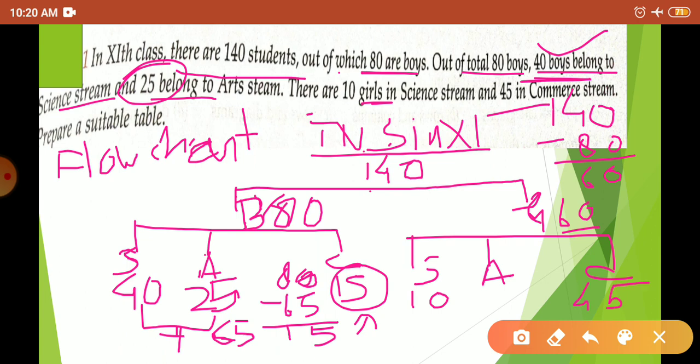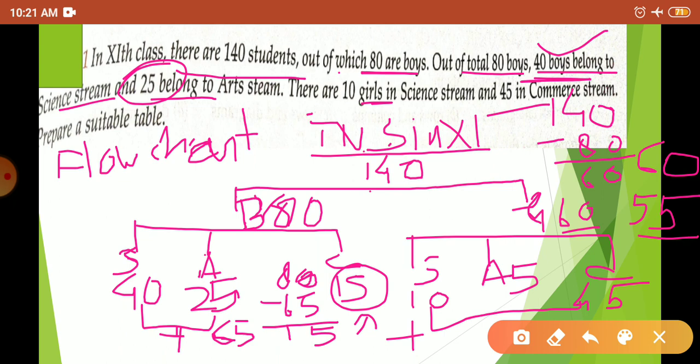Now arts is not given, the same way we will calculate. 45 plus 10 we are going to add, so we get 55. We are going to subtract that from 60. So in this way, how many girls have taken arts? 5. Okay, so 60 minus 55 gives 5. So this is your flow chart or working model.